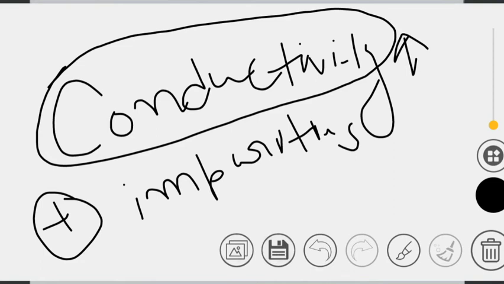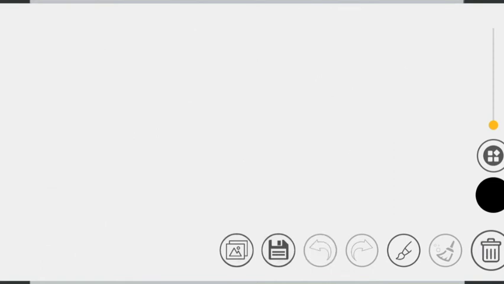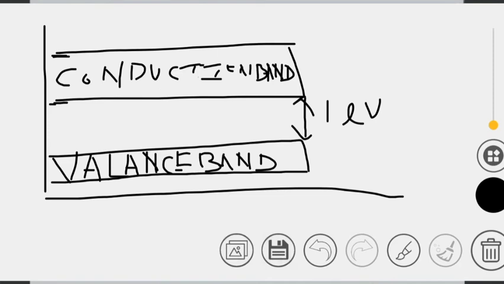Clear? Next, let's talk about the energy band diagram of semiconductor. So this is the energy band diagram of a semiconductor. In a conductor, the conduction band and valence band overlap each other.